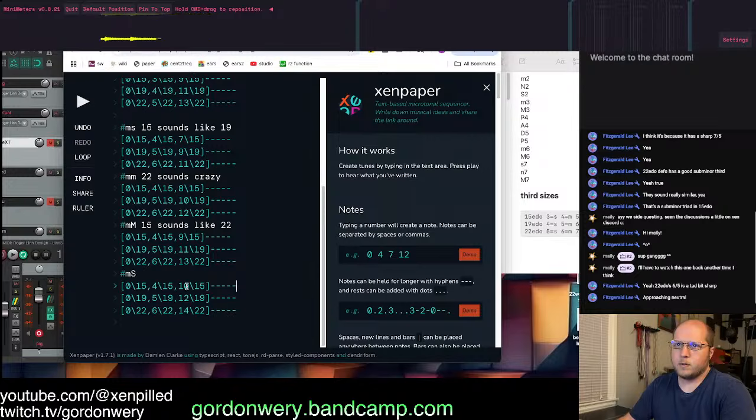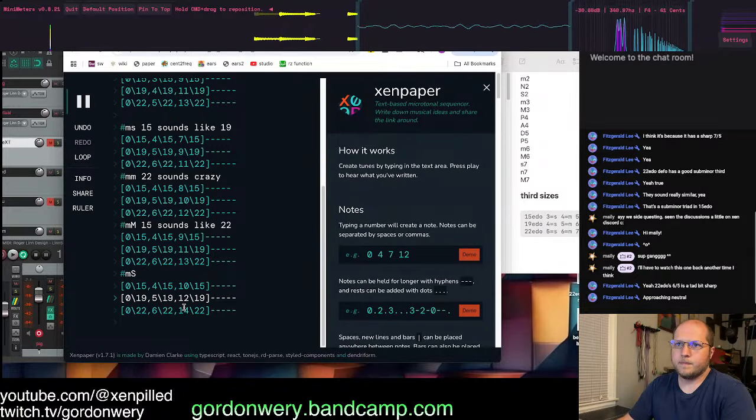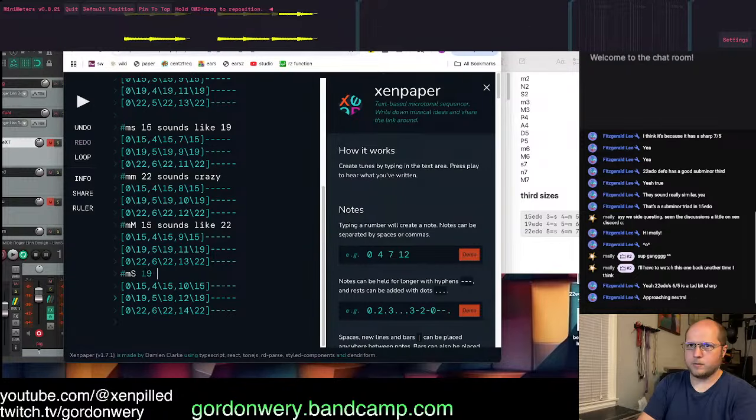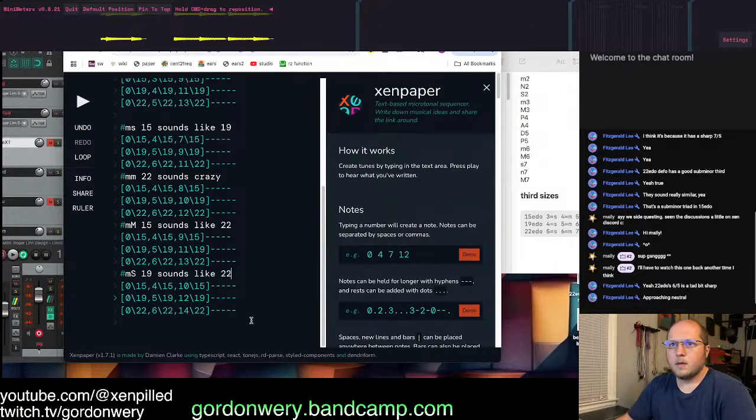That's at fourth, so this would be like a major third. So this is just an inverted major chord. 19. So 19 sounds a lot like 22. Interesting. So 19 and 22 sound a lot like here.